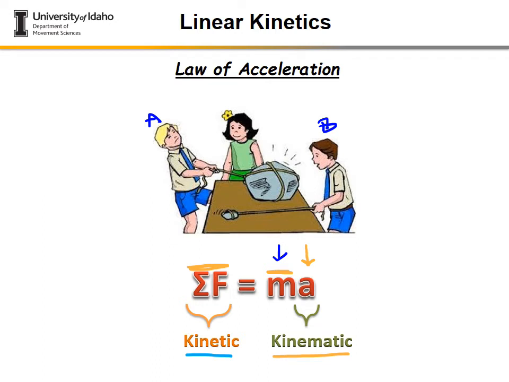A, and you can see it from their images, A has to increase the amount of force, because the inertia, quantified as the mass of the rock he's trying to pull, is greater. So as the mass increases, if we want the acceleration to remain the same, then we must increase our force.